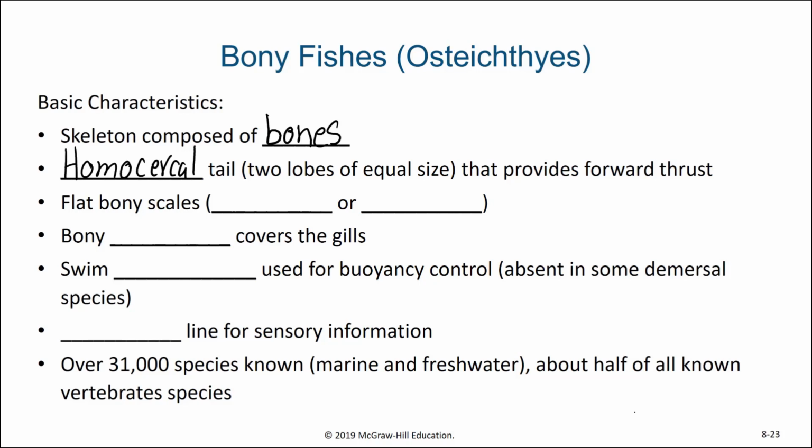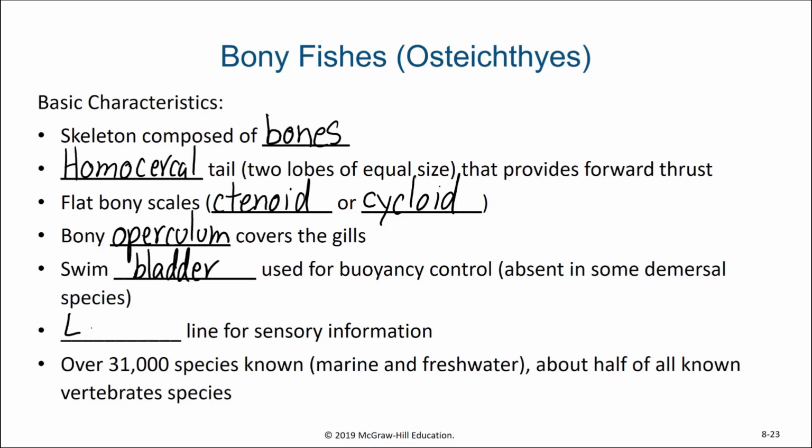They will also have flat bony scales that are ctenoid or cycloid. There will be a bony structure known as the operculum that covers the gills. And they will usually have a swim bladder for buoyancy control, although some demersal species will not have this structure.